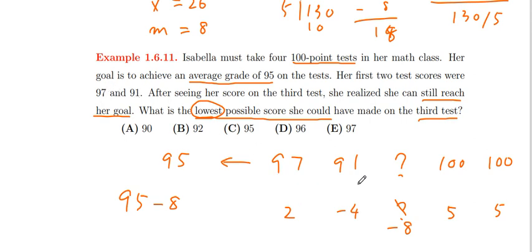97, 91. Okay. The average should be 95. Yeah, 5, 5, 10. -4, 2.